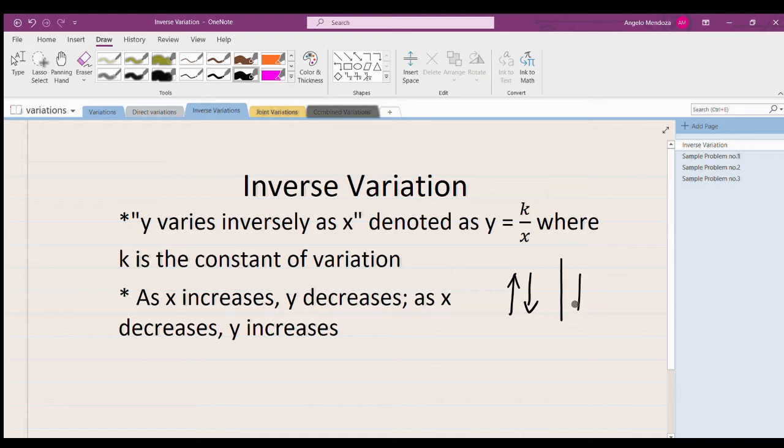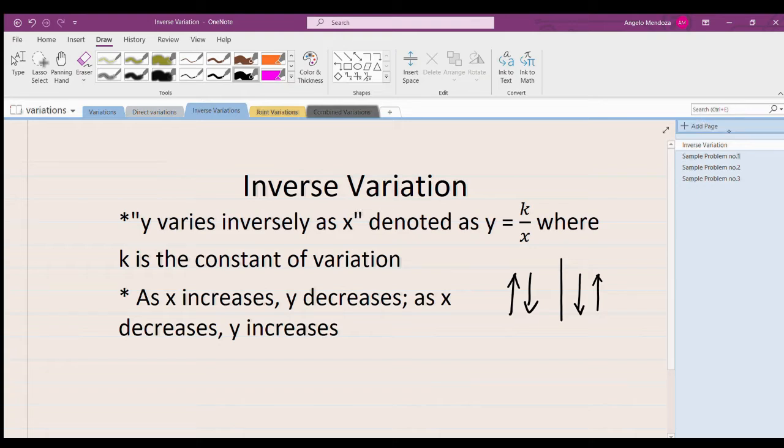And if the first quantity decreases, then the other increases. There are many situations where we can use inverse variation, especially in our everyday living.